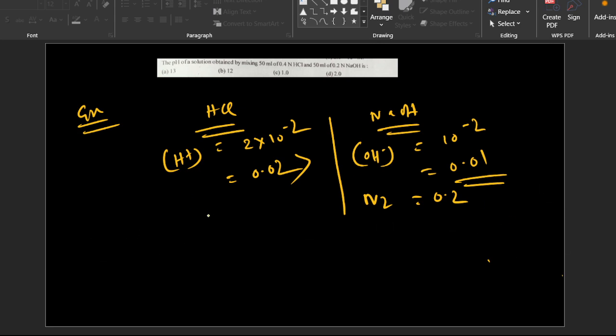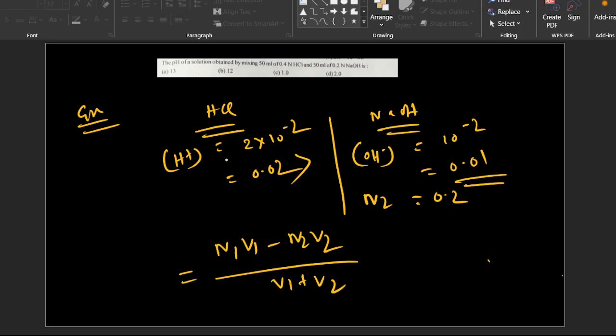So since this is more, what will we take? (N1 V1 minus N2 V2) divided by (V1 plus V2). Since the H plus amount is more, the solution will be acidic. It will neutralize and the remainder will be acid.